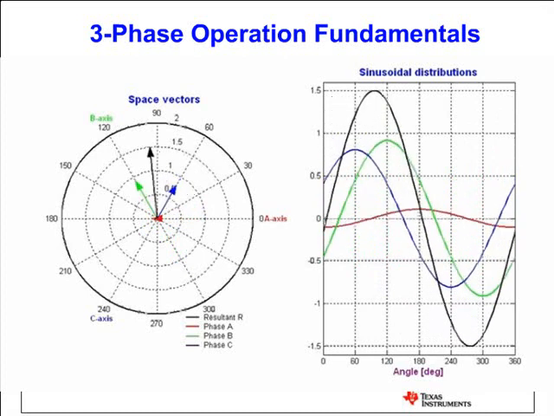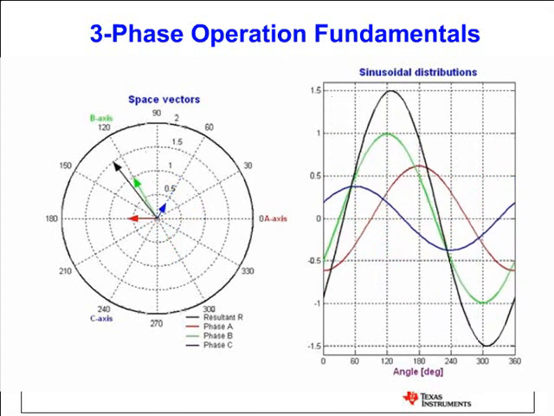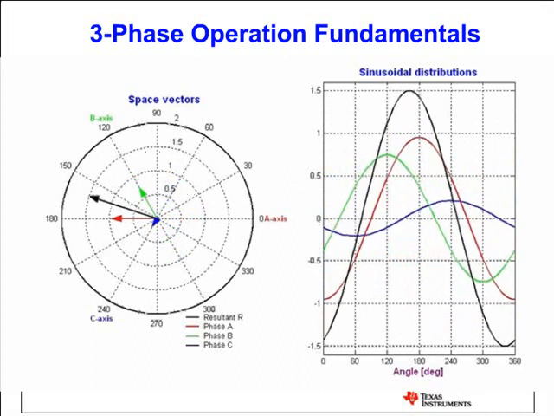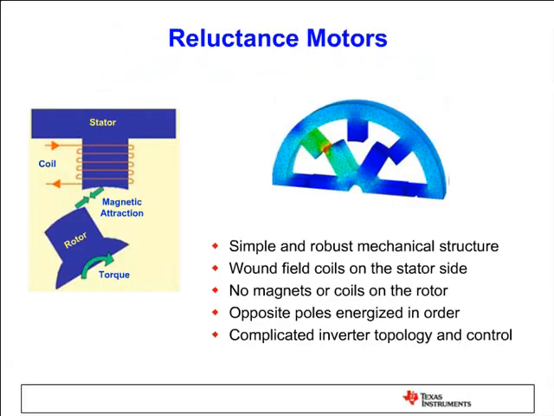Okay, now the next type of motor is a switch reluctance motor. I'm not going to talk about this in detail, but I just want to give a little bit of information about it. Switched reluctance motors are, I think, the most robust motors because we don't have magnets, we don't have brushes. It's nothing but just a chunk of metal.